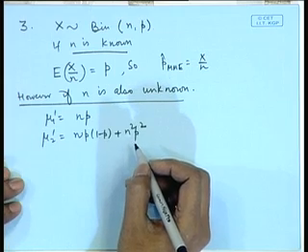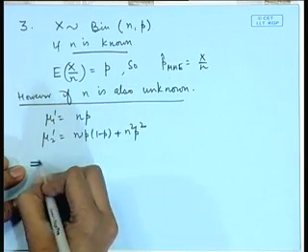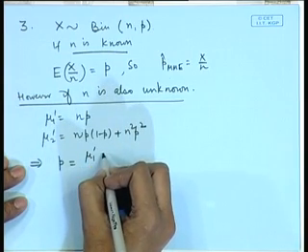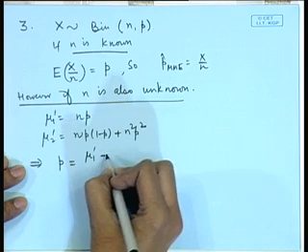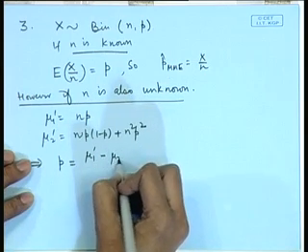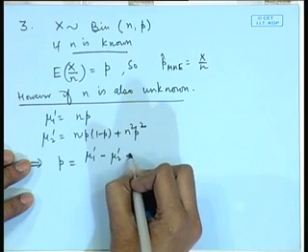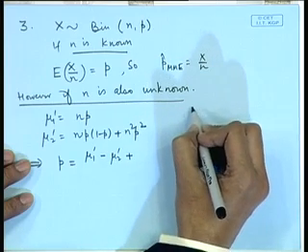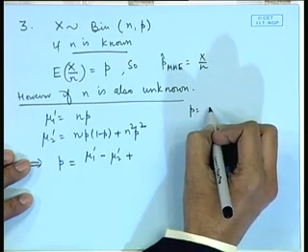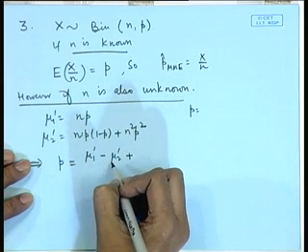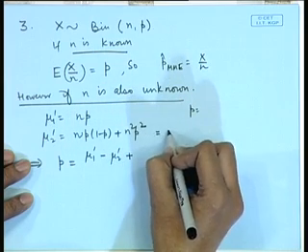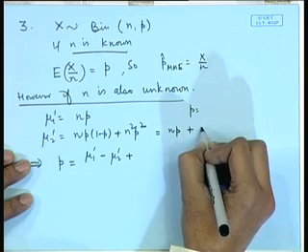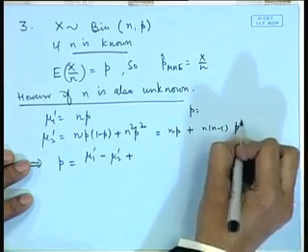We get here p is equal to mu1 prime minus mu2 prime plus, so we may just write down the values here. mu2 prime is actually np plus n square minus n, that is n into n minus 1 p square.